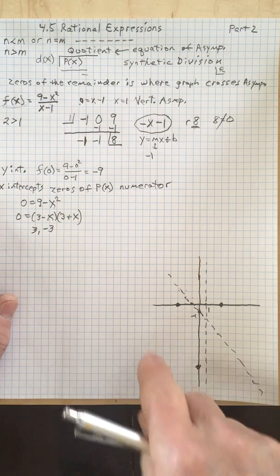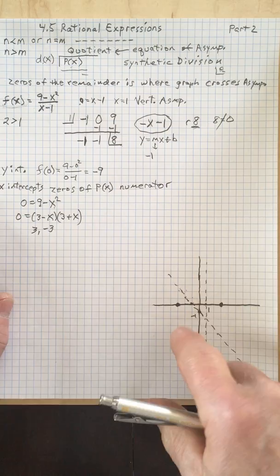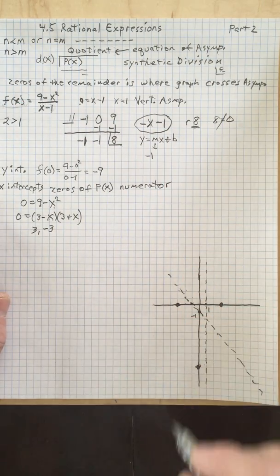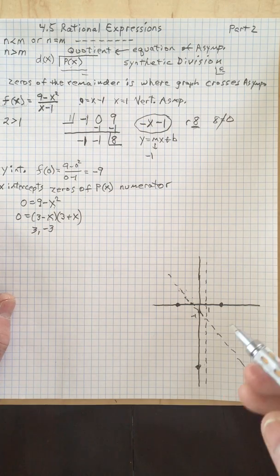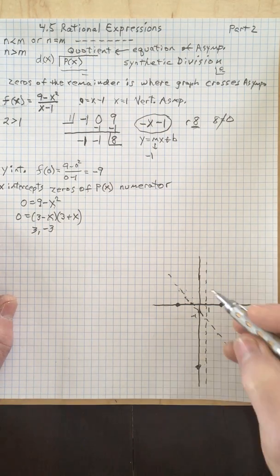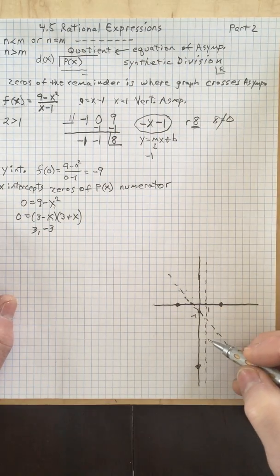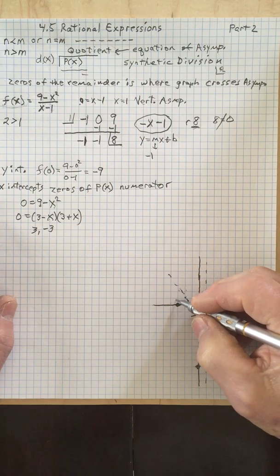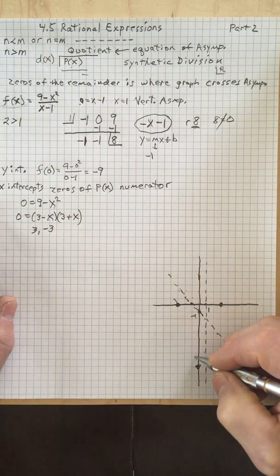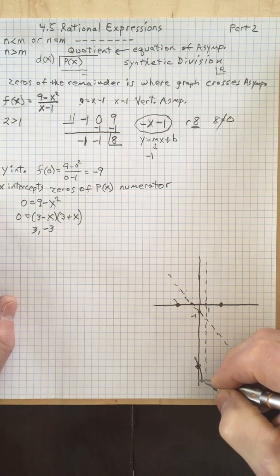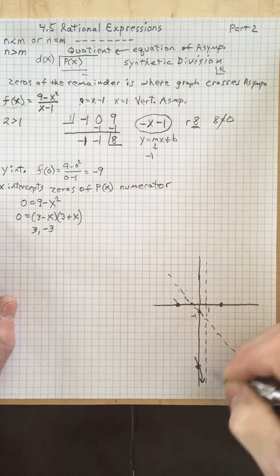Okay. So I actually probably have enough here to graph it. If I'm not sure, I could just pick extra points and plug them in and see what y values I get if I wanted to find more points. But I think for now I've got enough to make a decent sketch. Remember, these are asymptotes. I'm not crossing asymptotes, so I'm going through this point here and this point here. When I go through here, I'm going to start getting close to this line, but I'll never touch it.